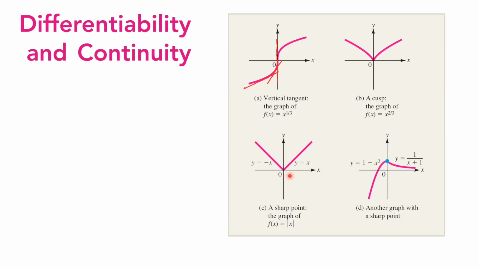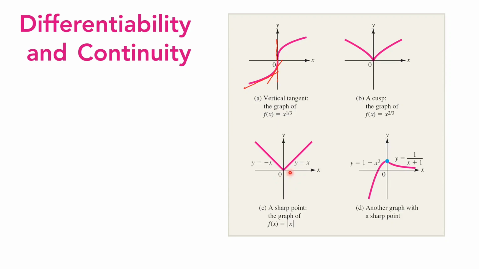So if we ask about the differentiability of the function at x equals 0, take note that the limit as x approaches 0 from the left is not equal to the limit as x approaches 0 from the right. So the limit which defines f prime at 0 for f of x equals the absolute value of x will not exist, precisely because the one-sided limits are not equal.